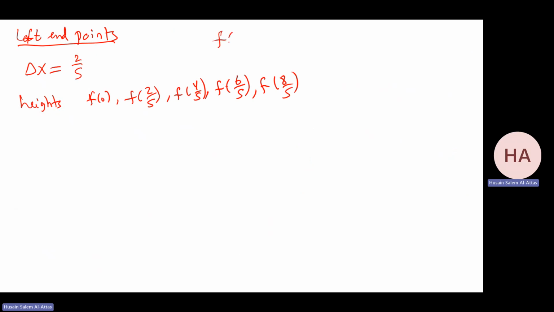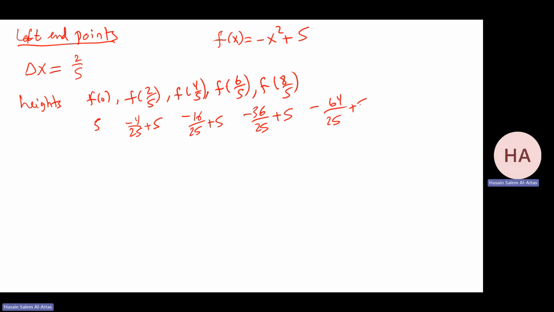Don't forget the function. Then I need to do the calculation. That will be 5. That will be minus 4/25 plus 5. That one will be minus 16/25 plus 5, minus 36/25 plus 5, minus 64/25 plus 5.